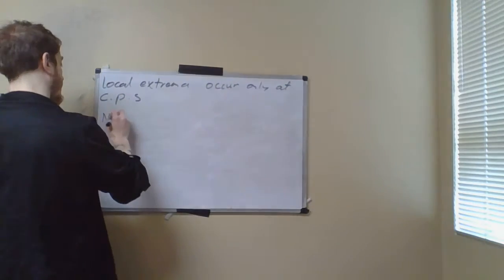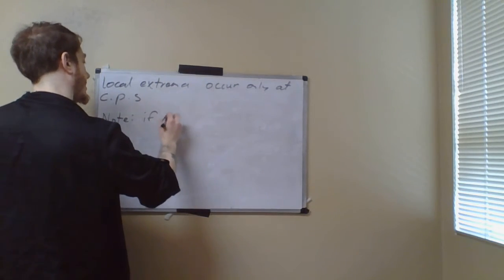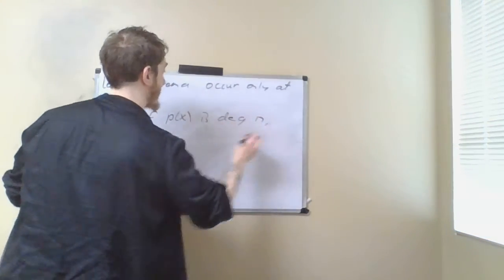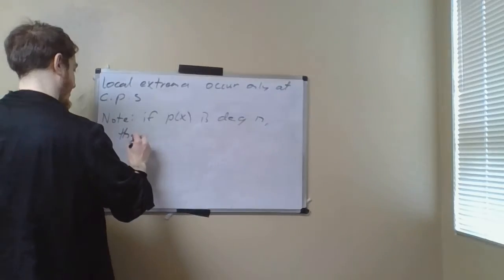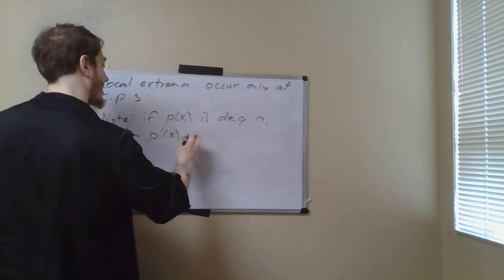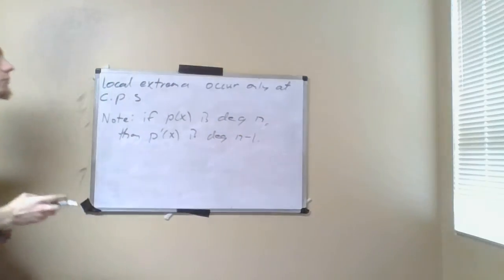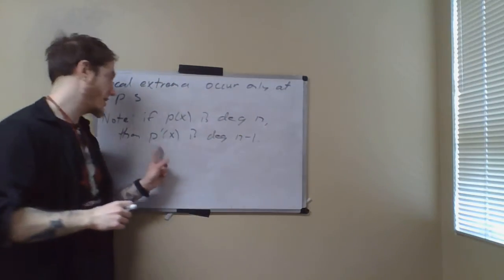So notice, if p of x is degree n, then p prime of x is degree n minus 1. Well, here's the thing.